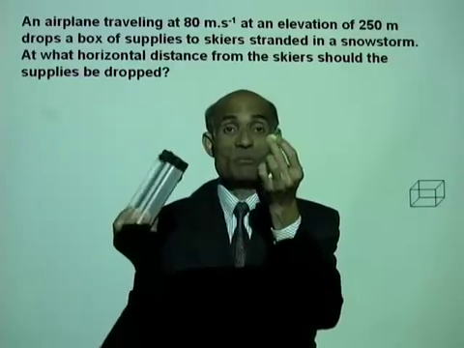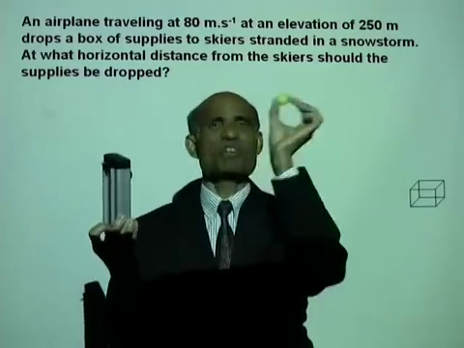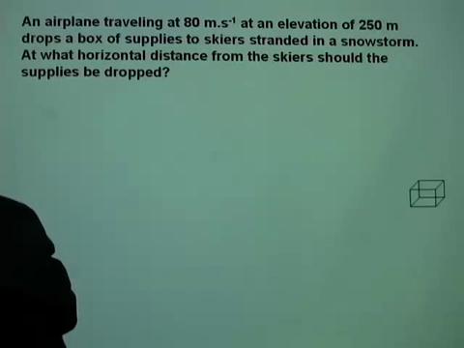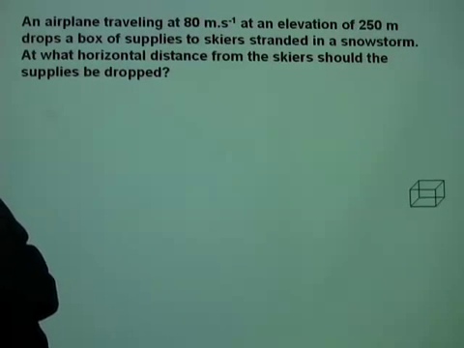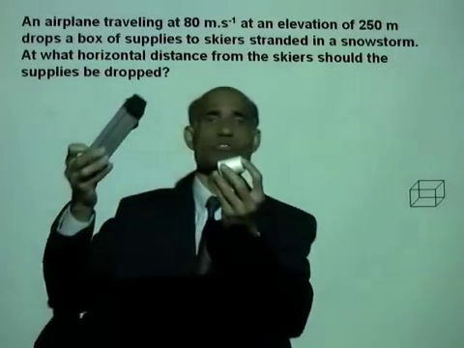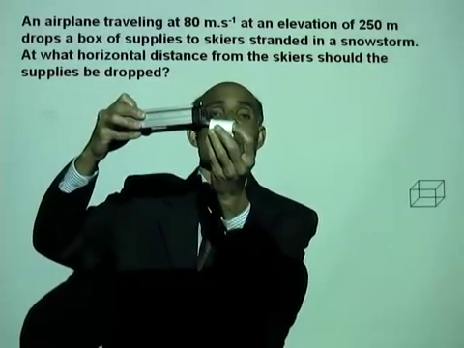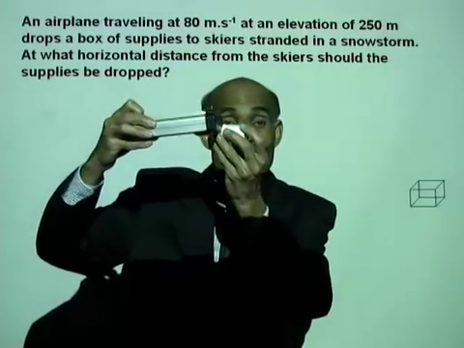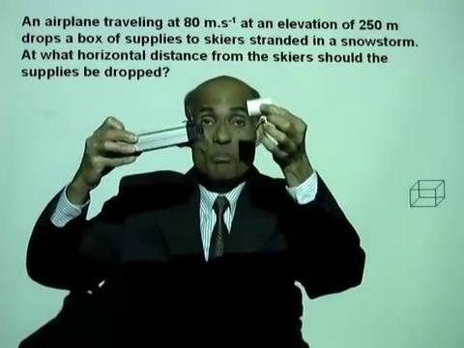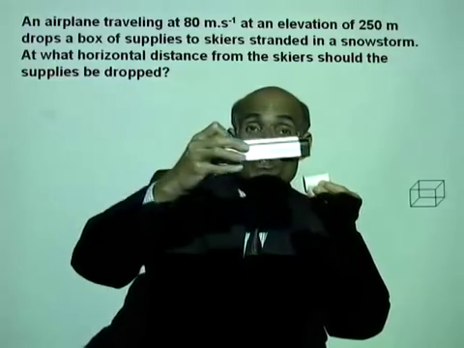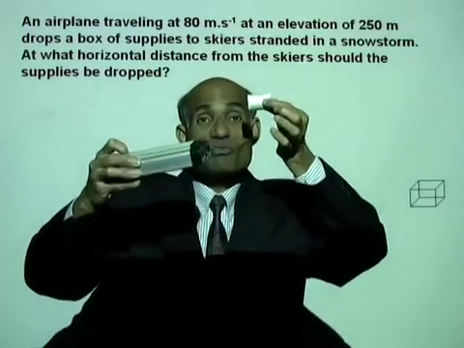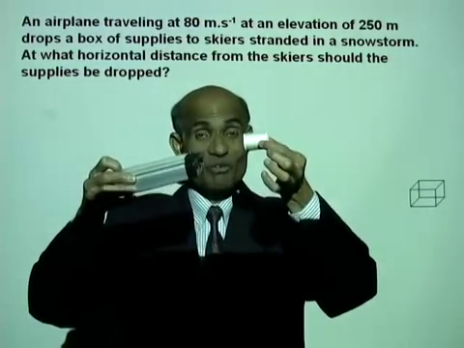No. Well, assuming this is a box, I can't find a box, so I'm using that as my box. Well, suppose this is the box that the airplane drops. Now, just before it is dropped, you can see the box is moving with the velocity of the plane. So this has a horizontal velocity.